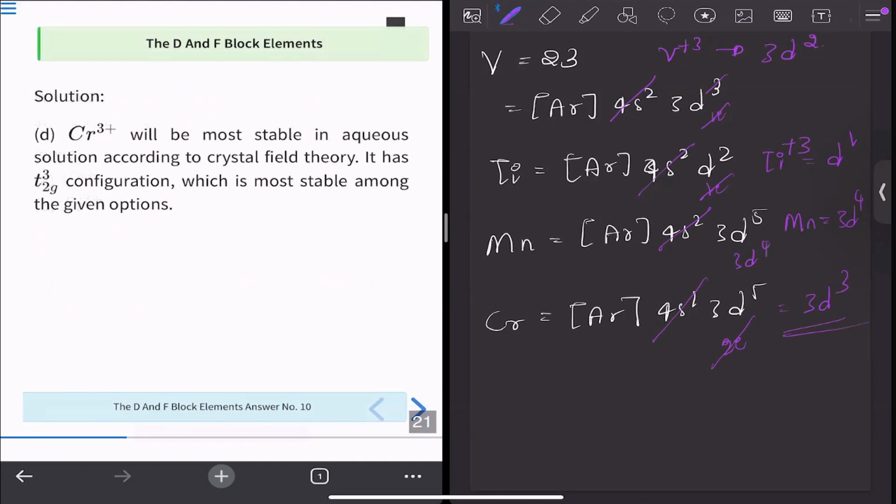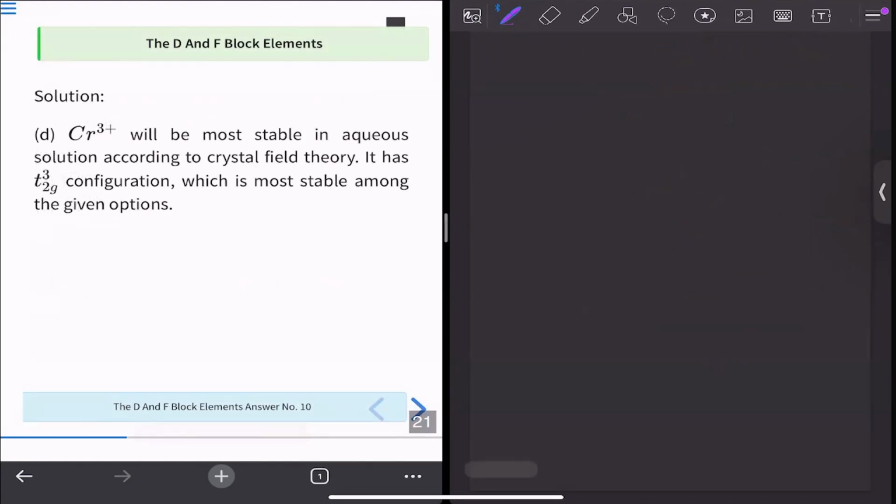So according to crystal field theory, what is crystal field theory? According to crystal field theory, there is a splitting of the d orbitals. We know that usually the d orbitals are like this.